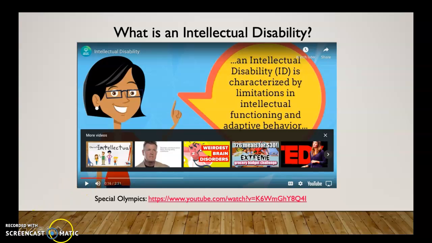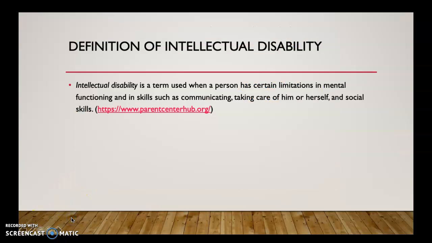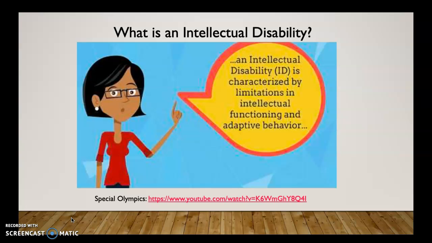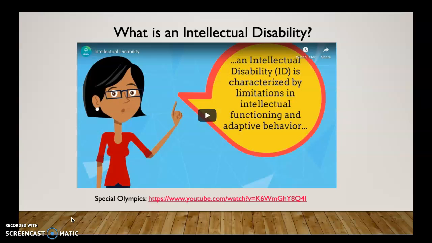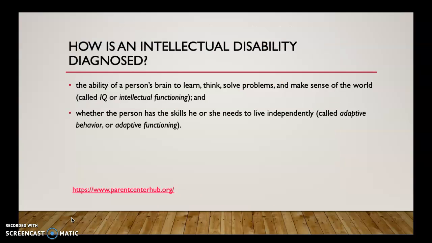But I wanted to show you another definition here: an intellectual disability is a term used when a person has certain limitations in mental functioning and in skills such as communicating, taking care of him or herself, and social skills. So that's just one more definition, but I want to talk about those two different parts that were in the last definition: limitations in intellectual functioning and adaptive behavior.